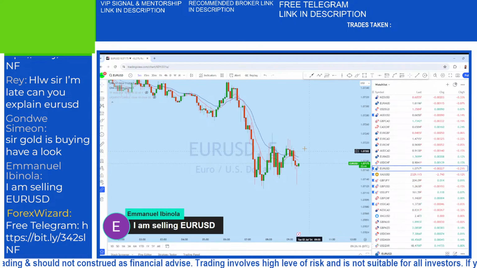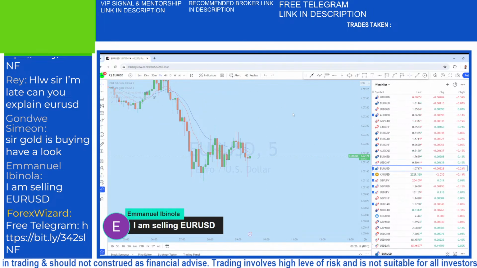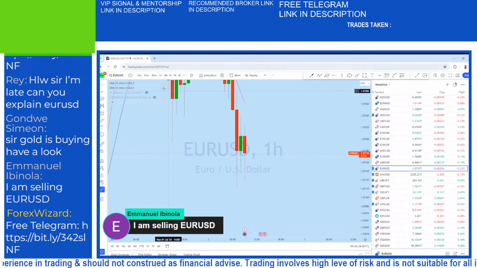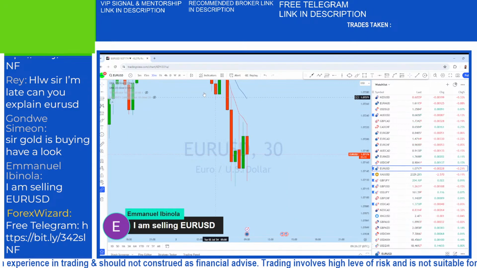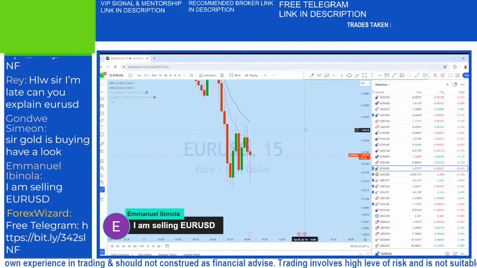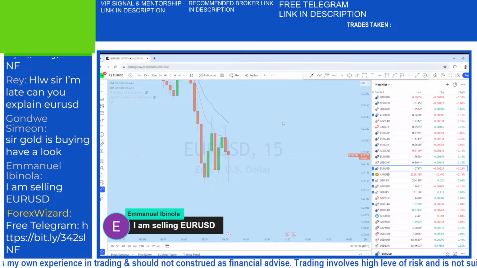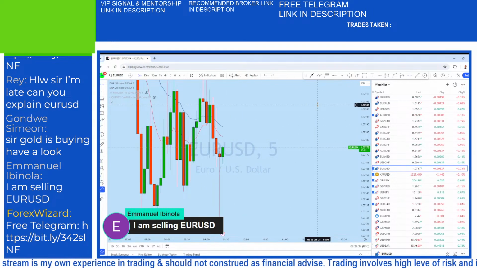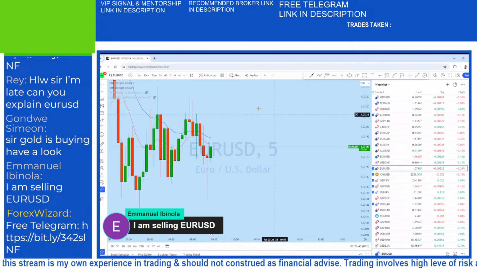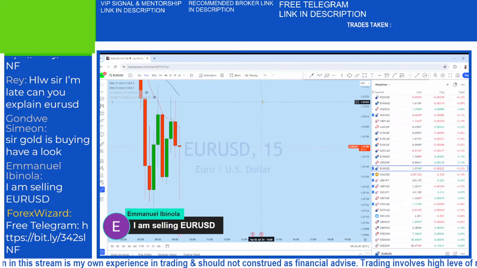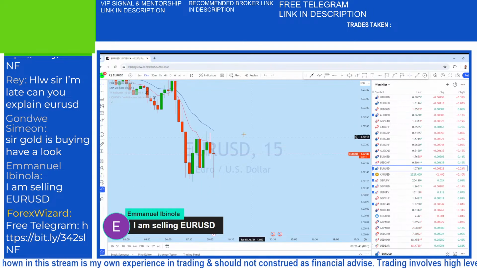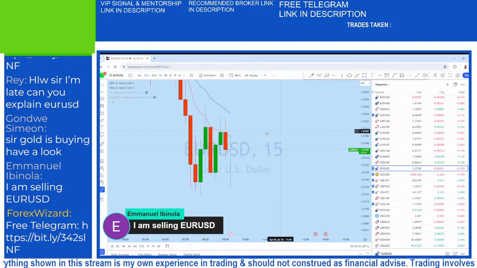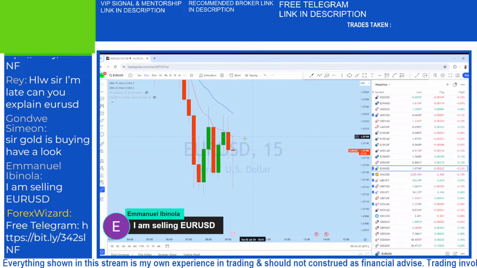Okay traders, the market on EUR/USD is not trending very aggressively here, and with this pretty important liquidity candle formation.